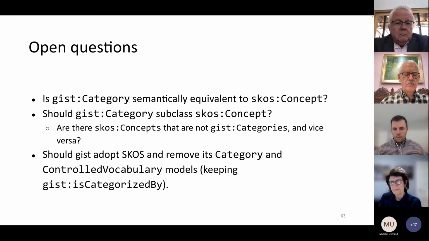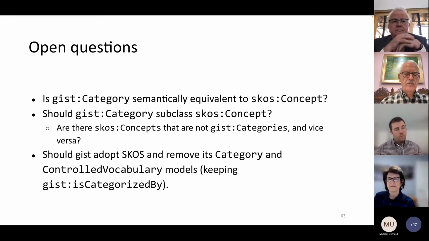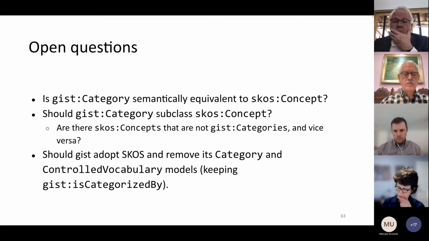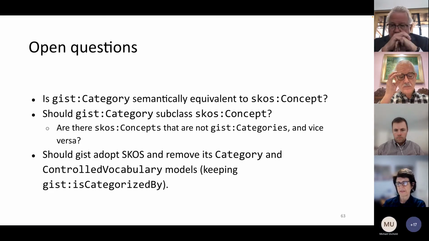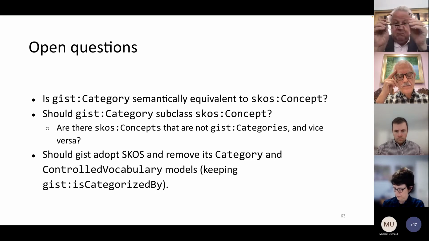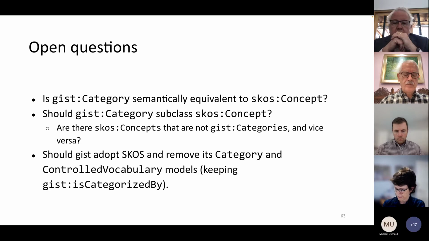If people are defining some particular person as a SKOS concept, I think that's a misuse. That's not something about SKOS itself. That's something about the way it's not being used correctly.